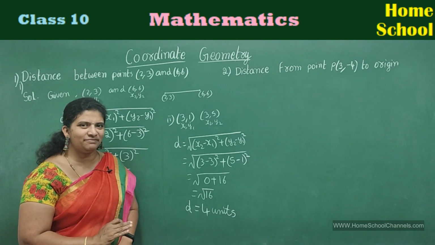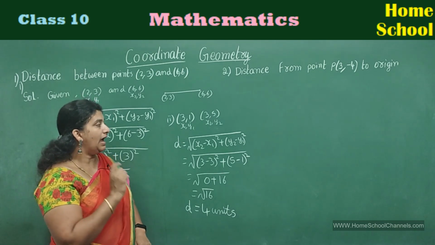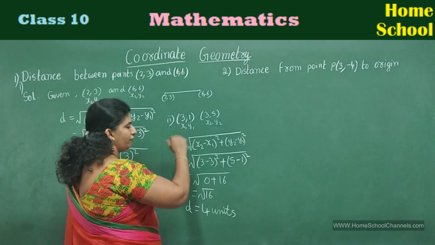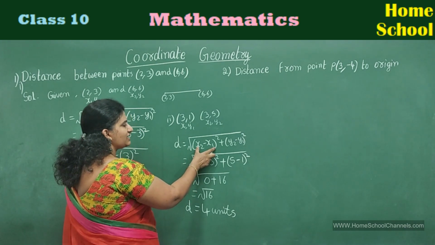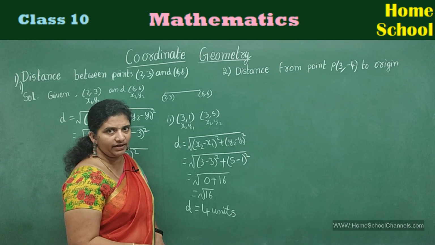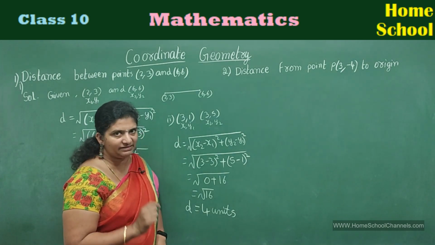If you get this type, it is very easy. Remember the formula, right? You can also rewrite the formula as square root of (x1 minus x2) whole square plus (y1 minus y2) whole square. If you substitute in that formula also, you are going to get the same answer.